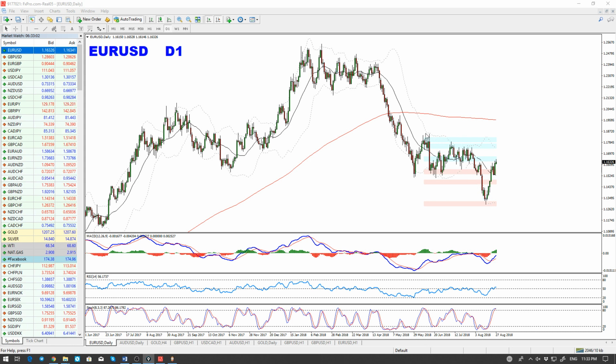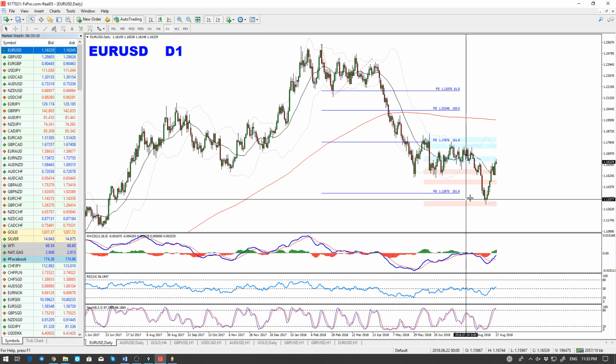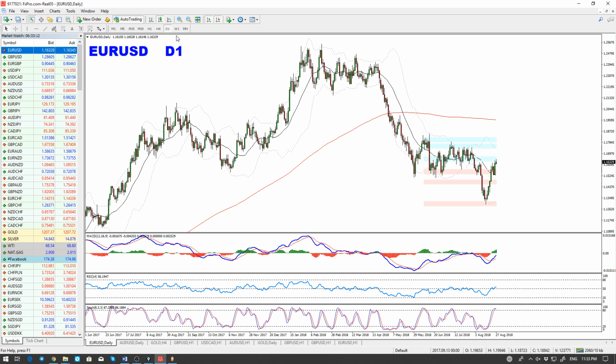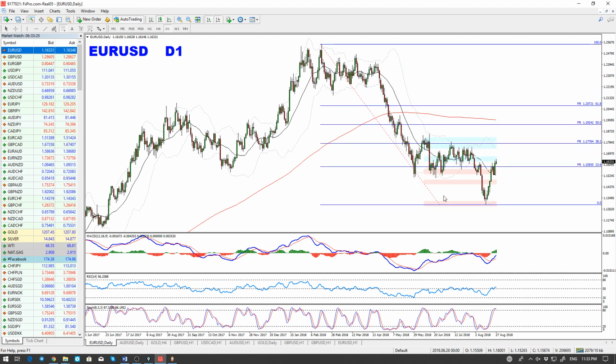Of course, the first one has the dramatic extension towards the 261.8 right here, and the other one is 61.8. So this is the smaller one, the level of 61.8. We are after the correction, this or the other way around, and we expect that to take us towards 38.2 at least.